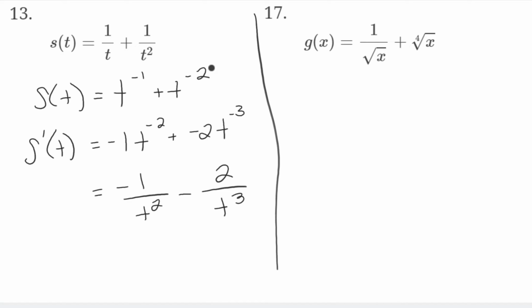All right, what about 17? Yes. So again, we got to go through and change this. So we have x to the negative 1/2 plus x to the 1/4.